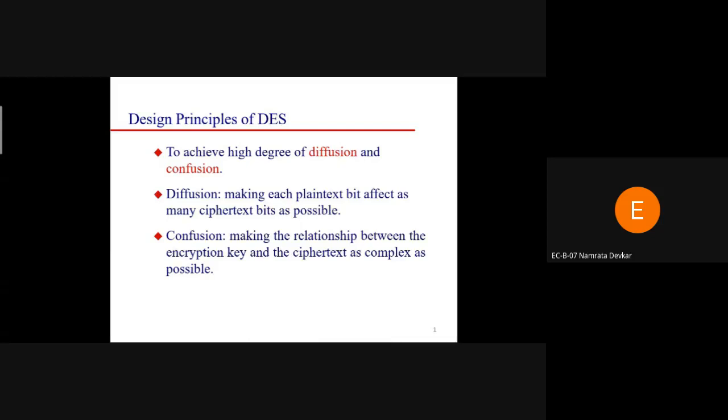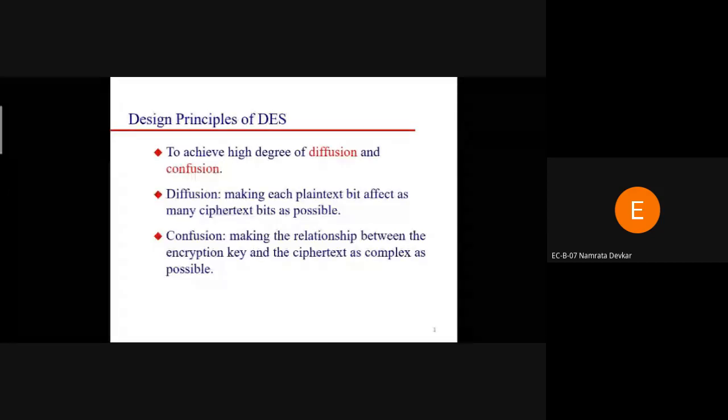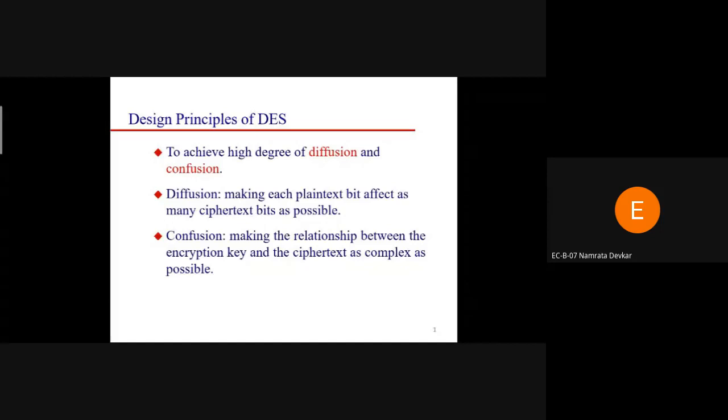So in order to design the DES algorithm, we have to consider what is the plain text, what is the ciphertext, and what is the key. These are the three important points: one is the ciphertext, another is the plain text, and the third one is the key.